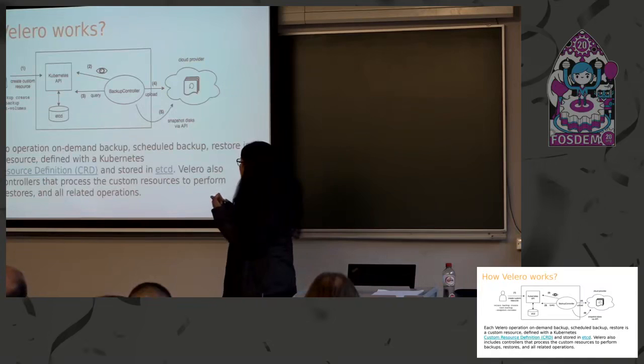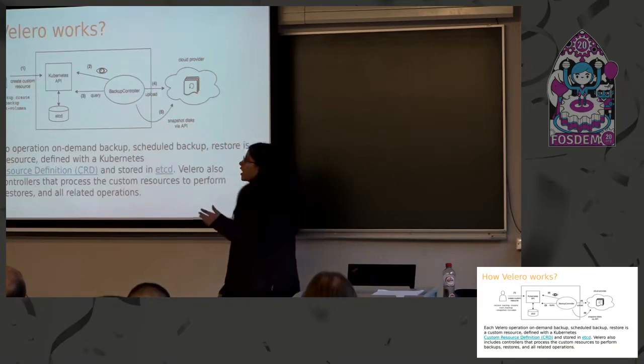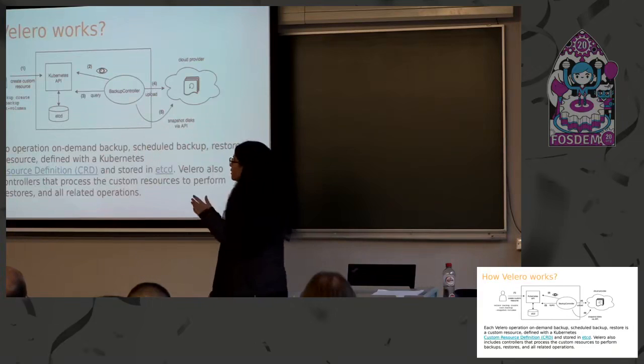And then you run the command velero backup. Now the Kubernetes client, kubectl, will communicate with the Kubernetes API server, and the API server will validate your custom resource. If everything is fine, your custom resource will be created, and the backup controller will run a watcher.